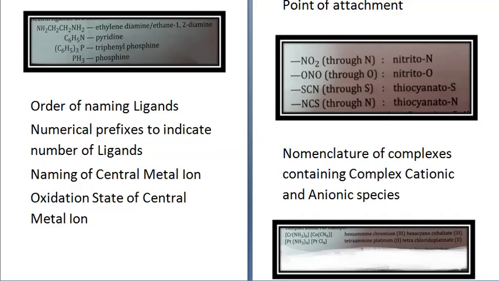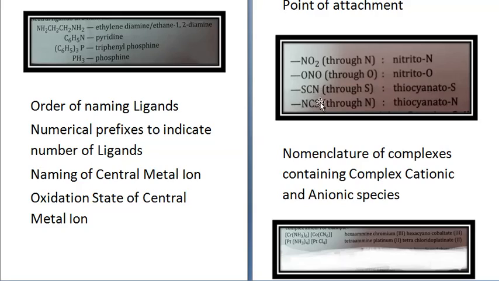Point of attachment: when a ligand can coordinate through more than one atom, then the point of attachment of the ligand is indicated by putting the symbol of the atom through which coordination occurs after the name of the ligand. For example, in NO2, the point of attachment is N, so you will write nitrito-N. In ONO, the point of attachment is O, so you will write nitrito-O.